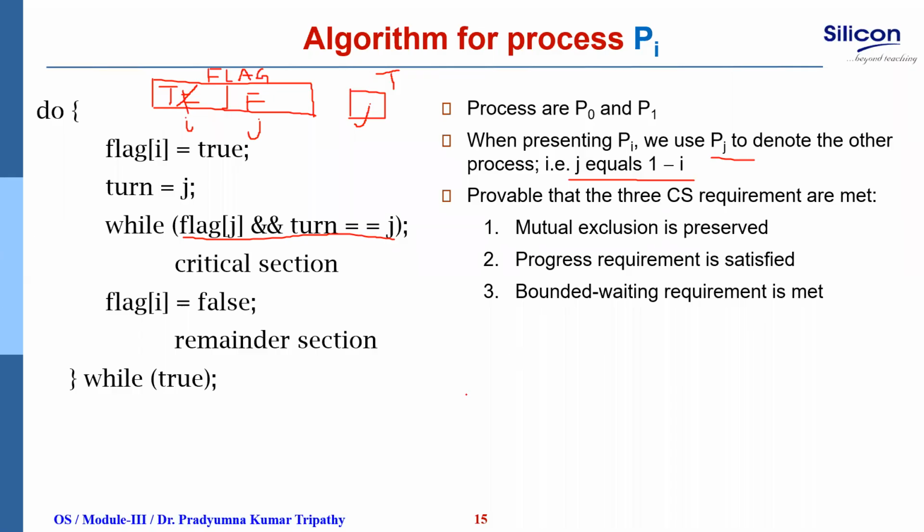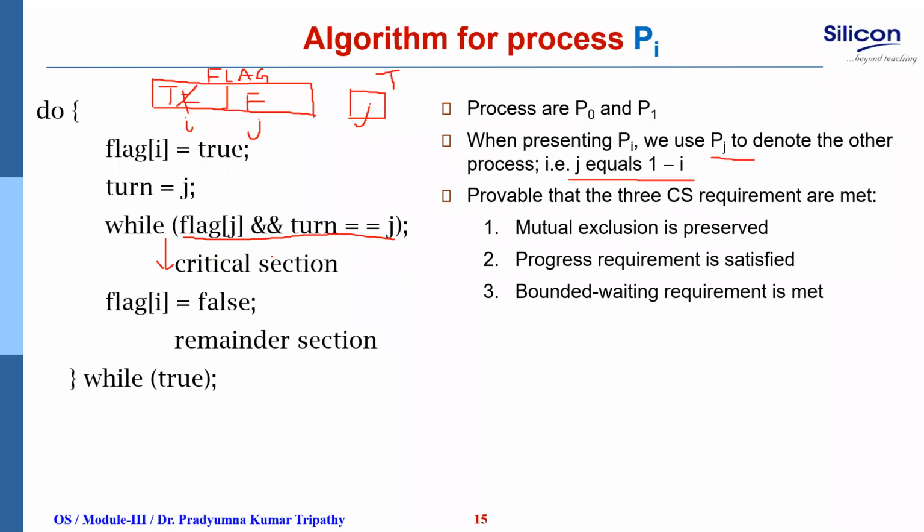So look over here. If it is true, then what is given? Semicolon. That means it will just revolve over here only. Once it is false, it will get into the critical section. So once the condition is false, process I will enter into the critical section.